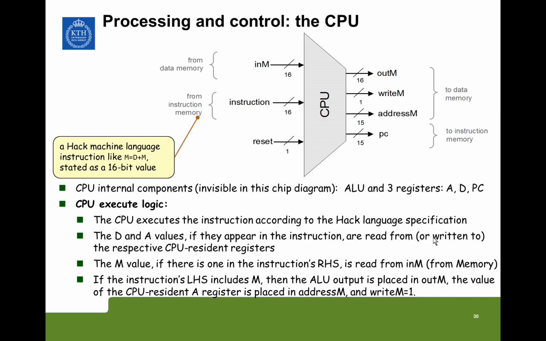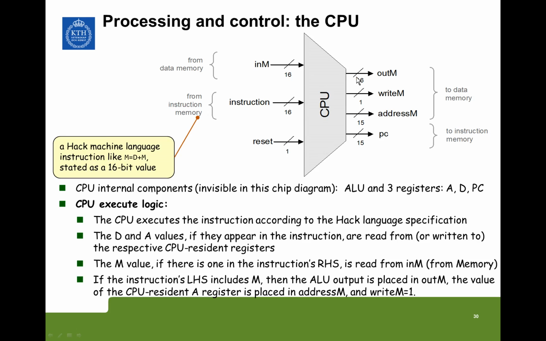So let's see how the CPU will work. Okay, again we have the interfaces of the CPU. The CPU has inputs: the reset bit, a 16-bit instruction coming from the instruction memory, of course in machine language, and then data from the data memory.